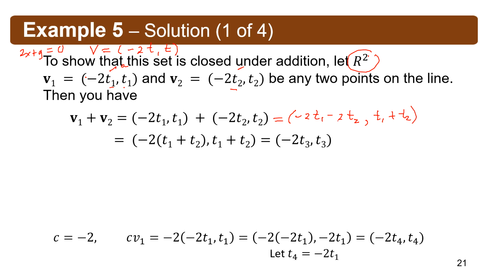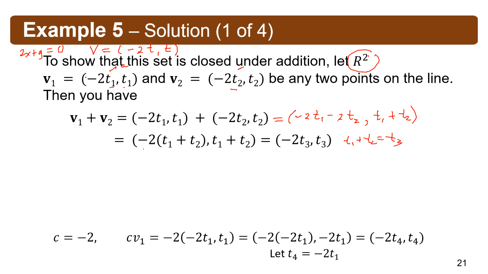Then in here, we can factor out negative 2. So we have t sub 1 plus t sub 2, factor out negative 2, and then t sub 1 plus t sub 2. Now, you can represent that t sub 1 plus t sub 2 equal to t sub 3.